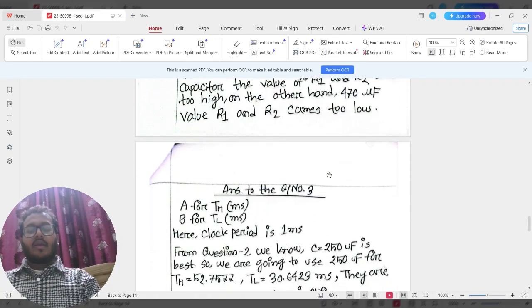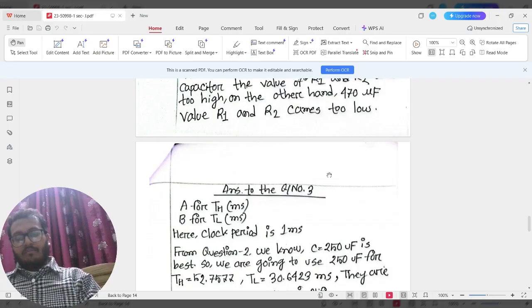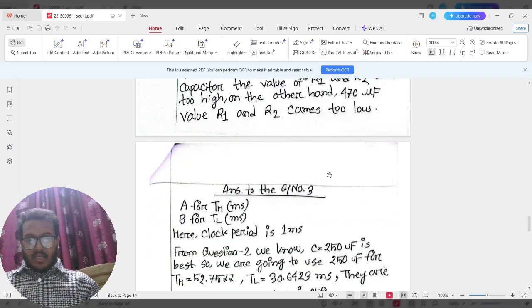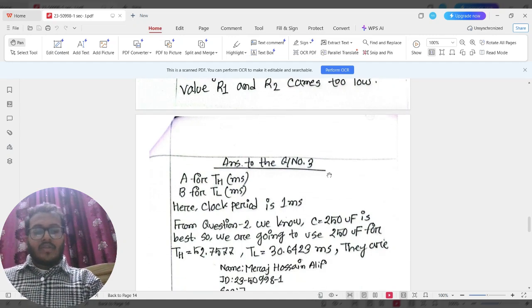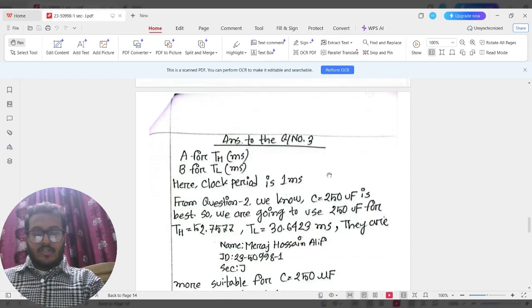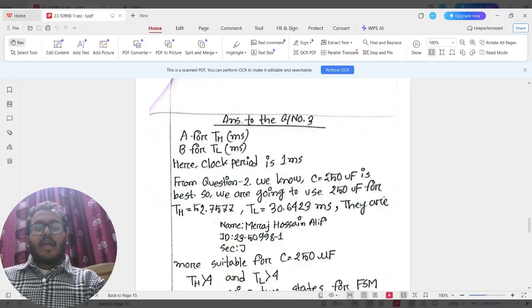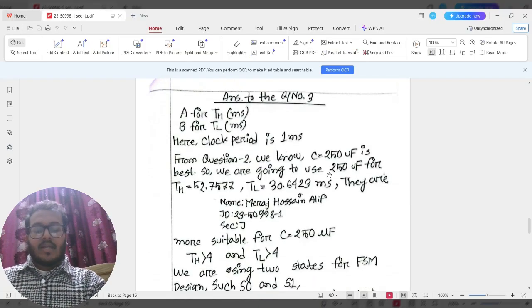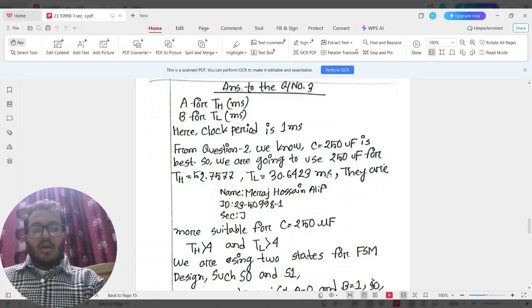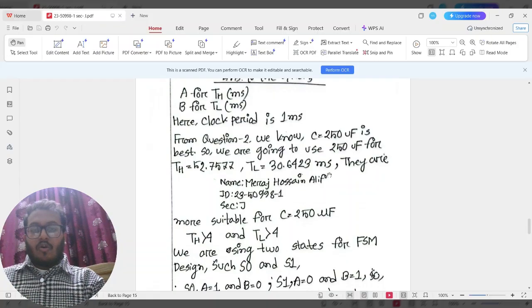In my question 3, I prepared an FSM design that generates two outputs A and B, where output A remains active for some milliseconds and output B for some milliseconds, with a 1 millisecond clock period.